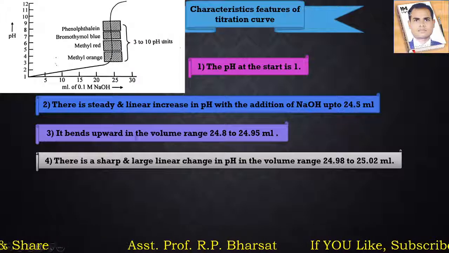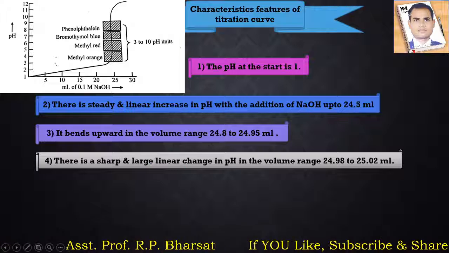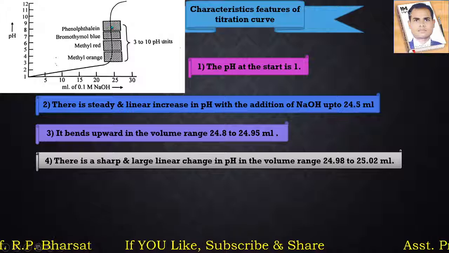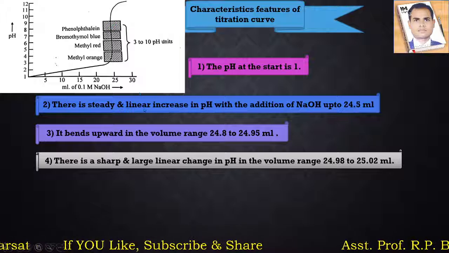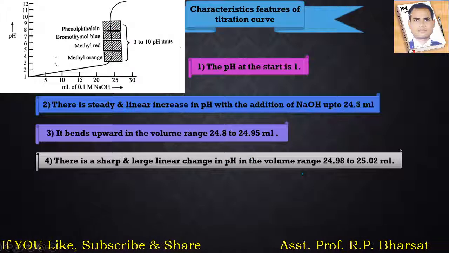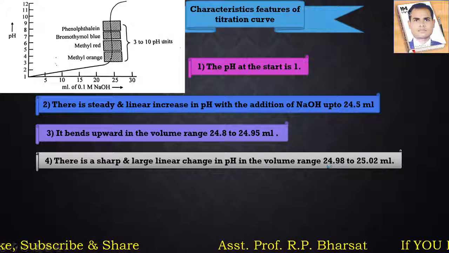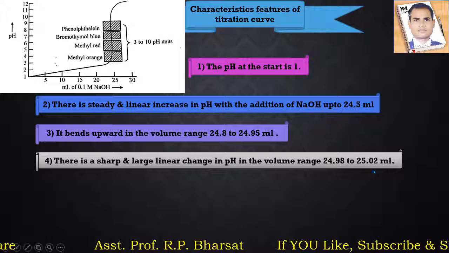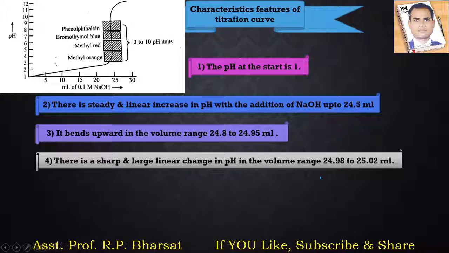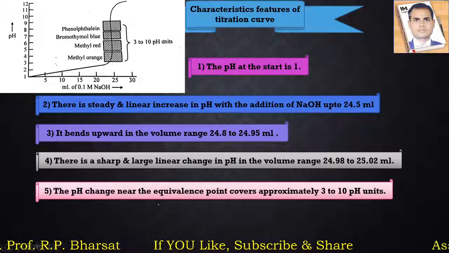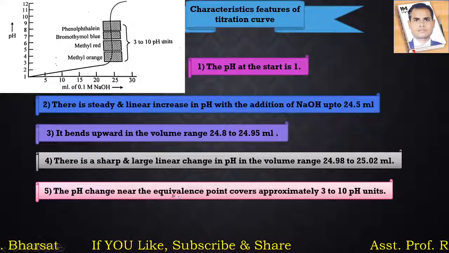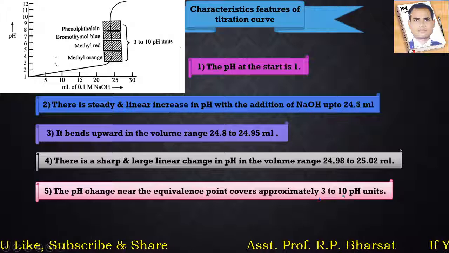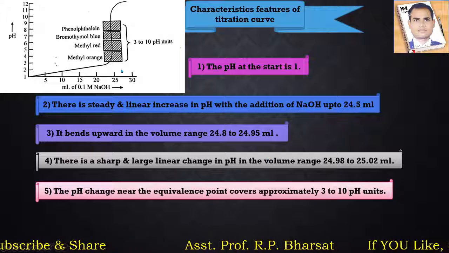And there is a sharp and large linear change in pH in the volume range between 24.98 to 25.2 ml, and the pH change near the equivalence point covers approximately 3 to 10 pH units.